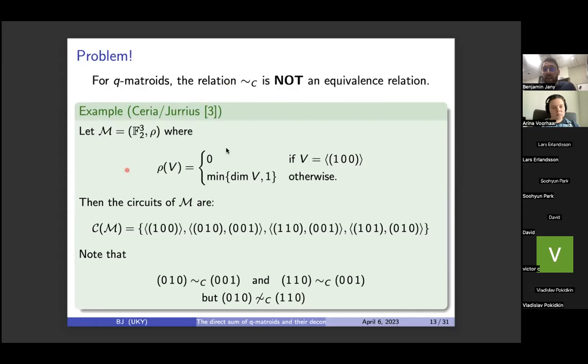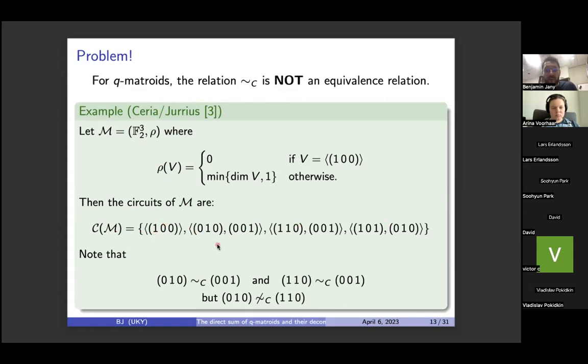This can be shown. It was shown by Sierra and Jurrius, and can be shown via the following straightforward example. I start with a q-matroid over F2 to the 3 and the following rank function, and I can easily describe what the circuits of this q-matroid are.